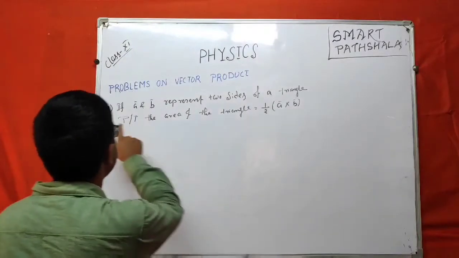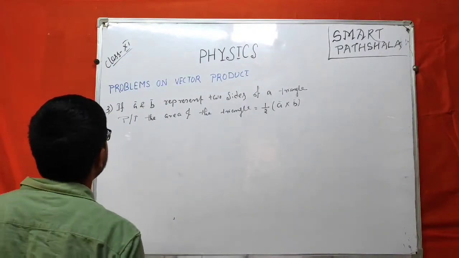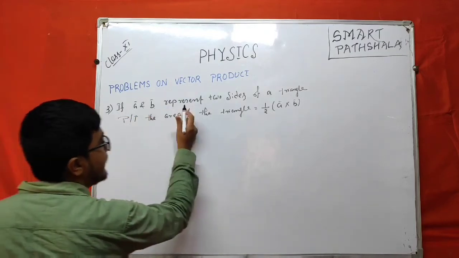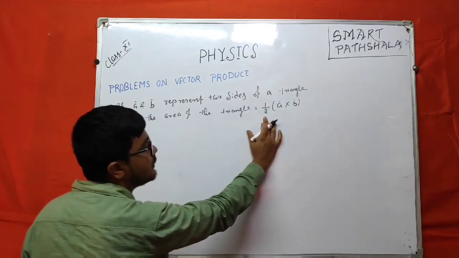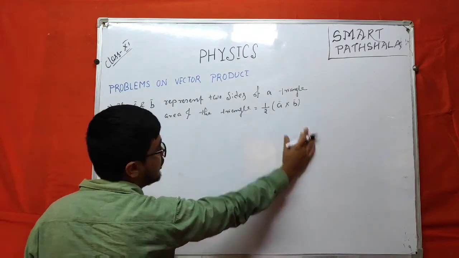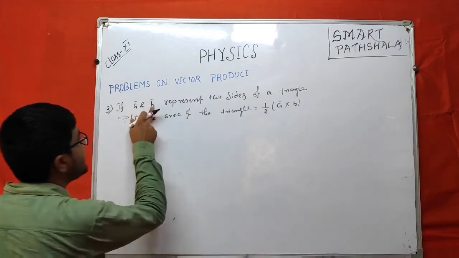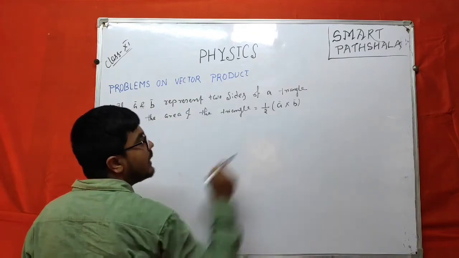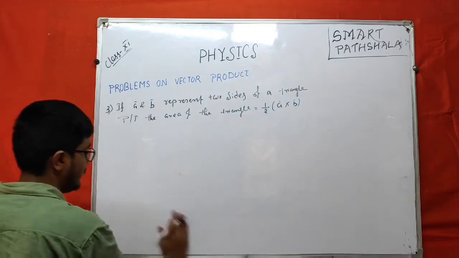Okay. Now our third problem. It is a bit different one. You see, if A and B represent two sides of a triangle, prove that the area of the triangle is equal to half into A cross B. That is, we are given two sides of a triangle as A and B, and we have to find out the area of the triangle as half into A cross B. Okay.